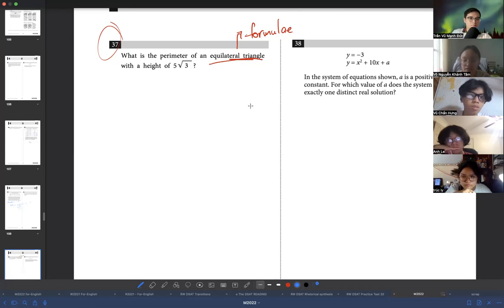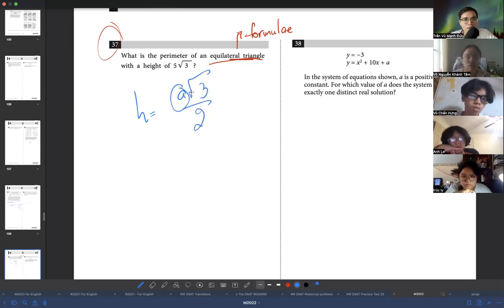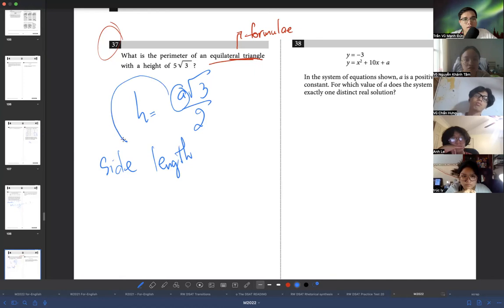So I have the formula of the height of an equilateral triangle is A square root of 3 over 2, where A is the side length of the triangle. Okay, so the equilateral triangle is the triangle which has 3 equal sides. The side length would be A and H is the height, right? H equals A square root of 3 over 2.